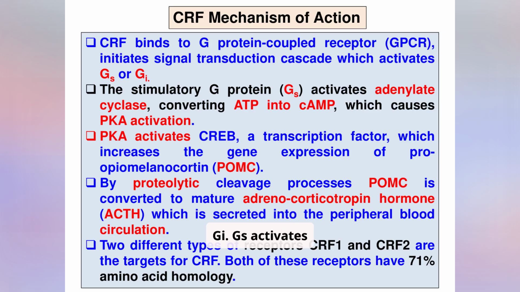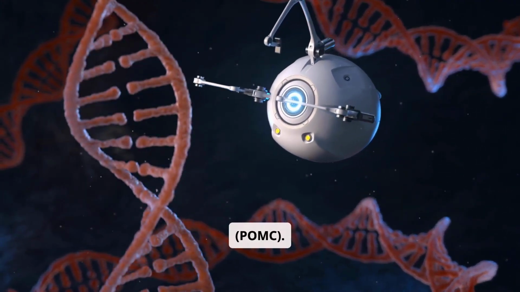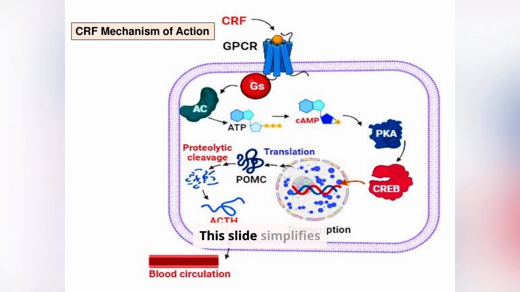Gs activates adenylate cyclase, converting ATP into cAMP, which activates PKA. PKA activates CREB, increasing the gene expression of pro-opiomelanocortin, POMC. This slide simplifies the CRF mechanism of action, showing the cascade from CRF binding to GPCRs to the release of ACTH into the blood circulation.